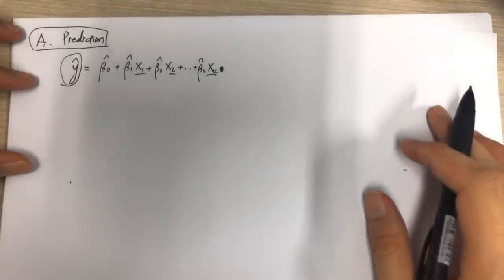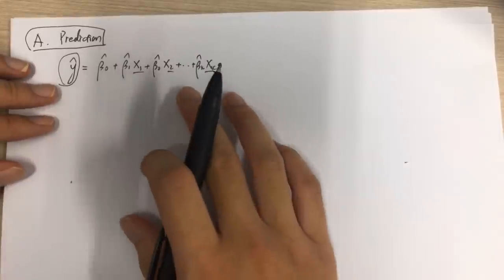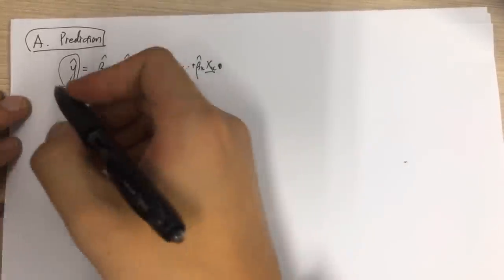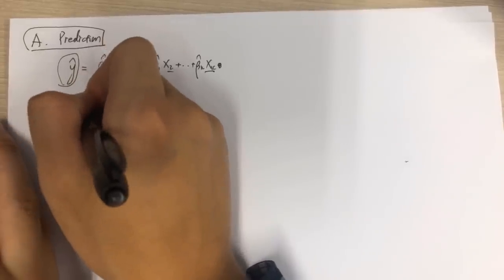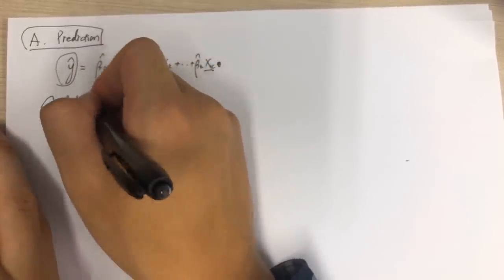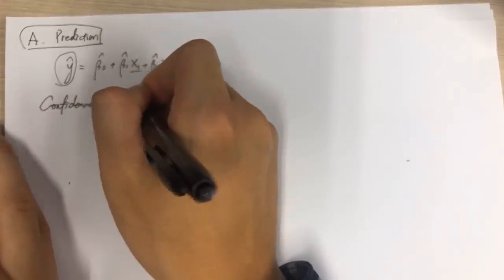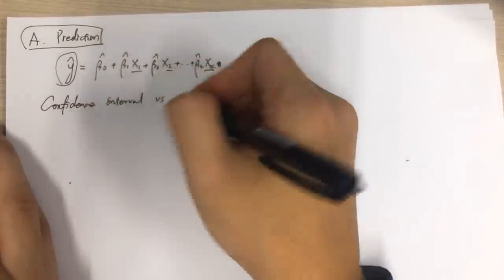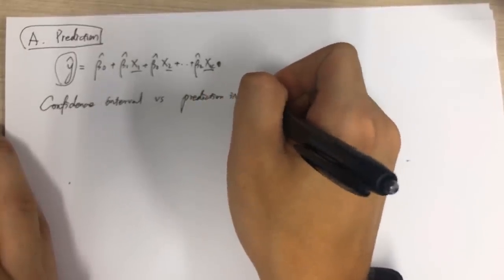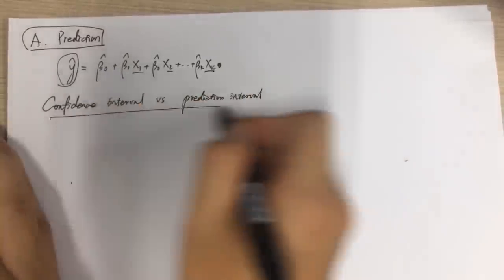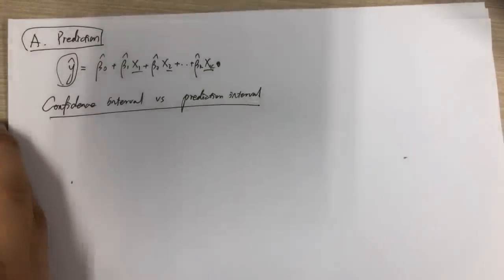However, there are two concepts that are not as easy as this one. The first concept is called confidence interval, and the other is prediction interval.